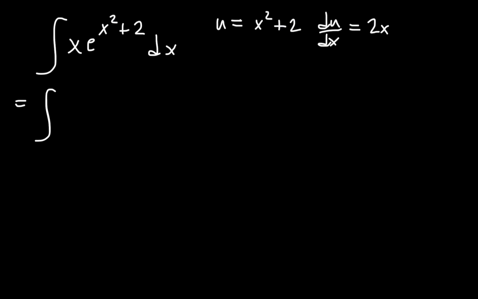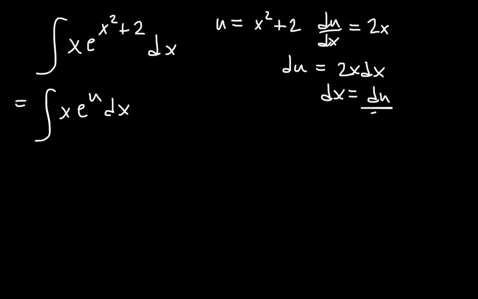So that's equal to the integral of x times e to the u and then dx. So I'm going to solve for dx. So du equals 2x times dx, and then dx equals du over 2x.